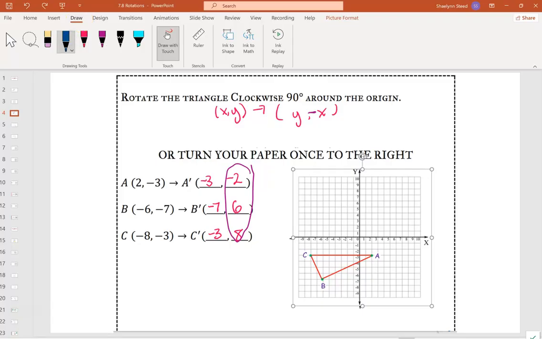So that would be at -3, -2. Here's my new A. -7, +6. Here's my new B. So A prime, B prime, and then -3, +8, C prime. So there is my rotated shape.